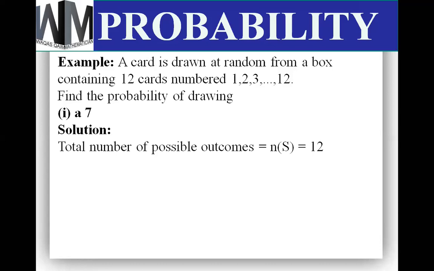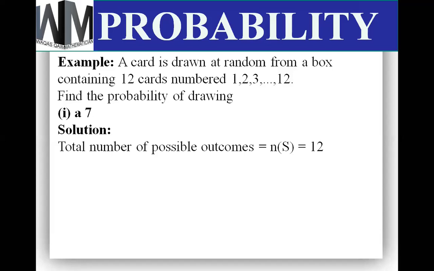And how many cards do we have over which a number 7 is written? Only 7, because we are going to calculate the probability of 7. Right, Sarah? Right, Yasin, good.